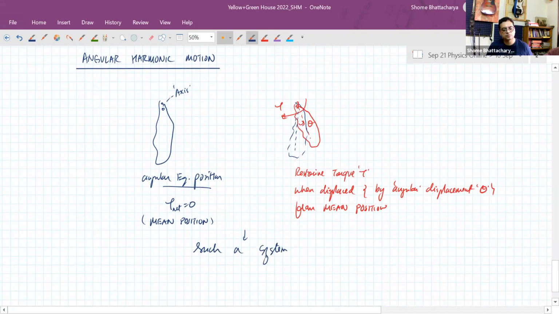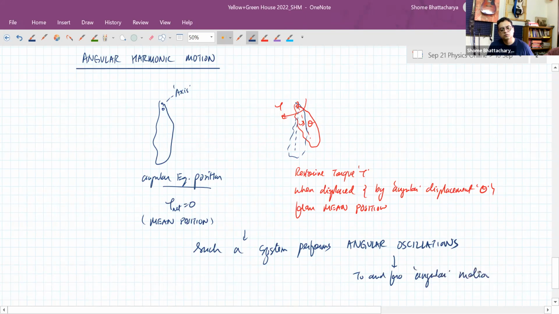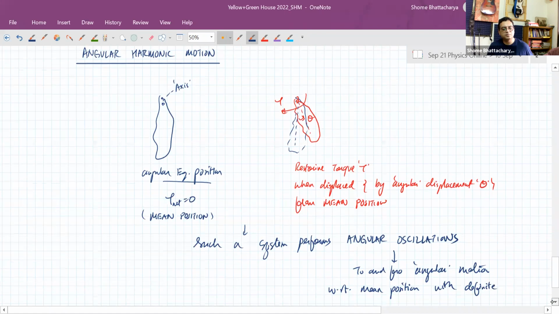So such a system performs angular oscillations, that is, to and fro angular motion with respect to the mean position with definite time period and amplitude.